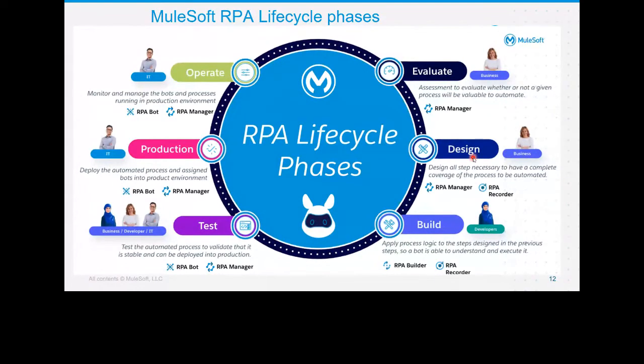What happens in the design phase is, we actually design the entire activity. What are the different steps that happen in this entire process. So you design all the steps necessary to have complete coverage of the process, which needs to be finally implemented.